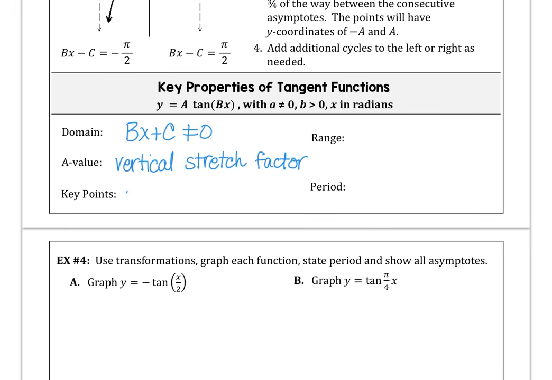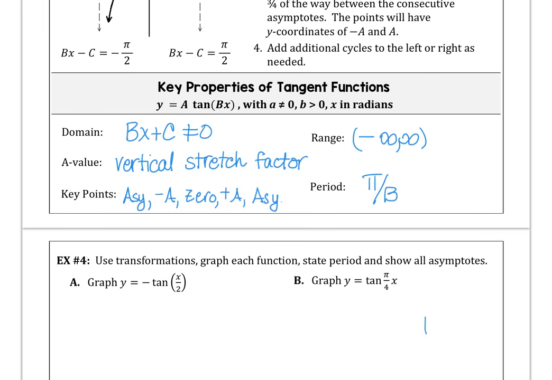We have an asymptote, we have a negative a, a 0, we have a positive a, and another asymptote for our key points. The range is negative infinity to infinity, and the period is pi over b.